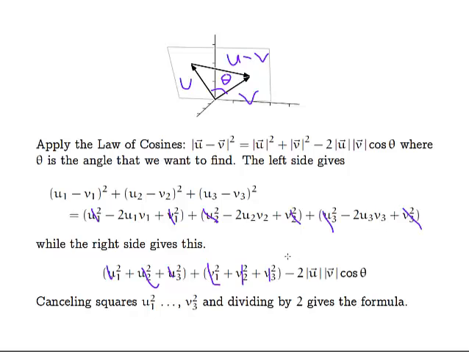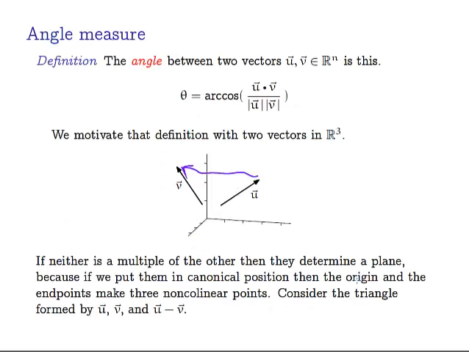And if you clear away the smoke, you'll see that what you have on the left-hand side is minus 2 times u1 v1 plus u2 v2 plus u3 v3. And on the right-hand side, you have minus 2 times this here.